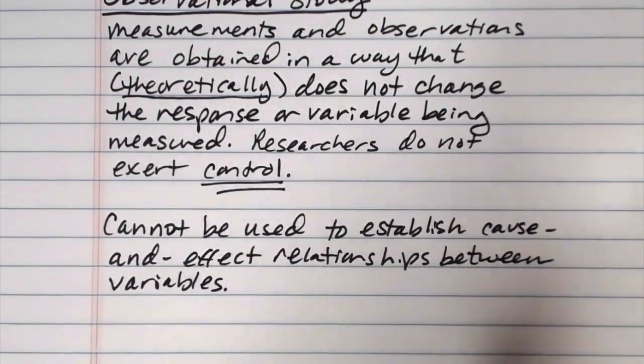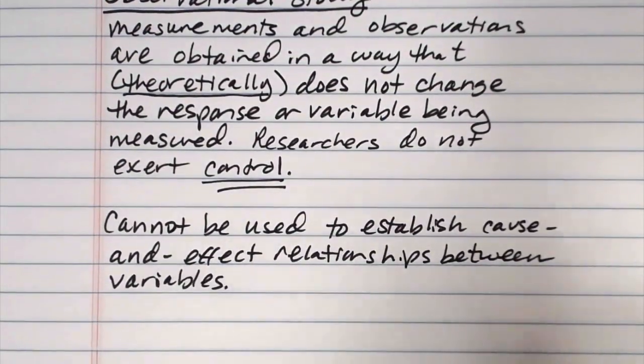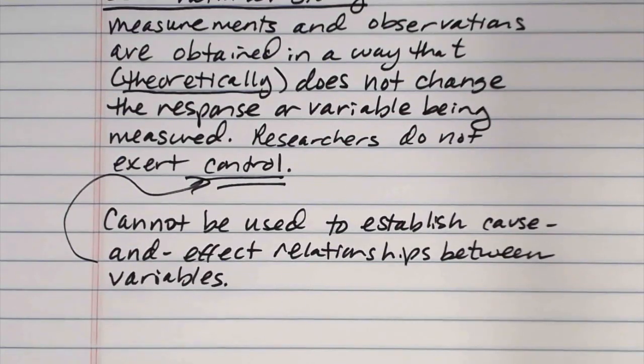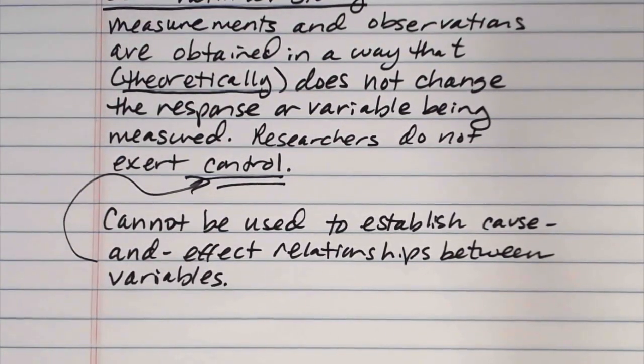And the reason that they cannot be used to establish these cause and effect relationships is because the researchers didn't have any control, right? If I simply observe people's diets, let's say I'm interested in the effect of diet on heart disease. So I'm going to observe people's diets. I'm not going to have any treatment groups or control groups. I'm just going to observe diets and measure rates of heart disease.